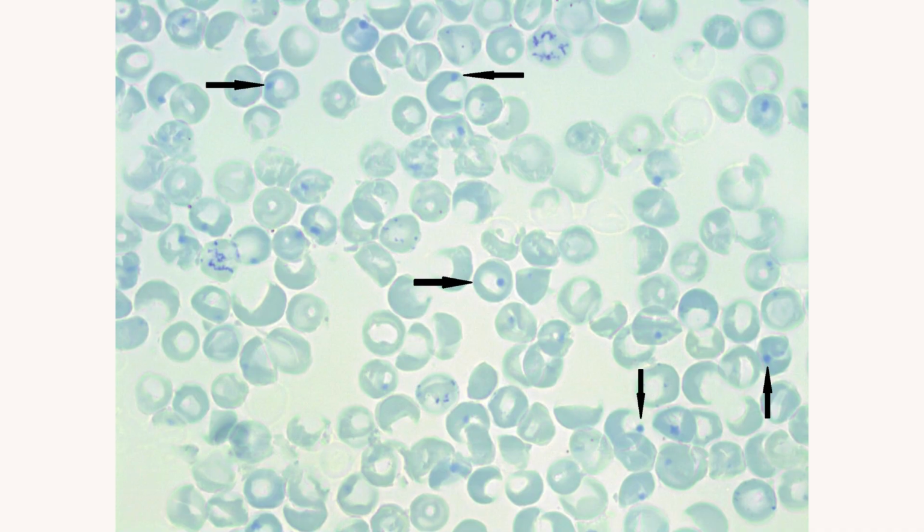So the presence of Heinz bodies in a freshly drawn sample may indicate an oxidizing drug or chemical has been ingested in a quantity to overwhelm the normal red cell reducing system, causing denaturation of the hemoglobin.